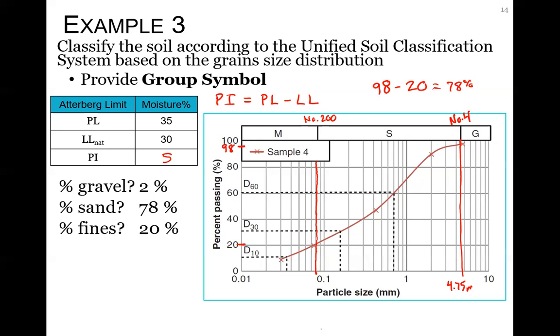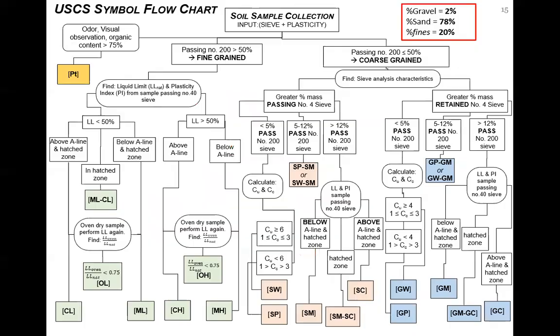All right, so we have our plasticity information, we have our gradation information. Now we go to this crazy thing. If we know that it is 2, 78, and 20, is it greater than 50% passing the 200, or less than 50% passing?